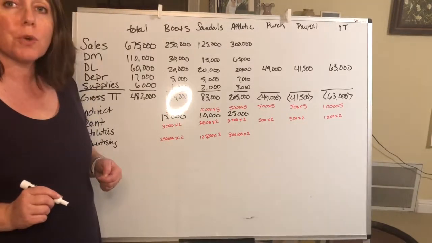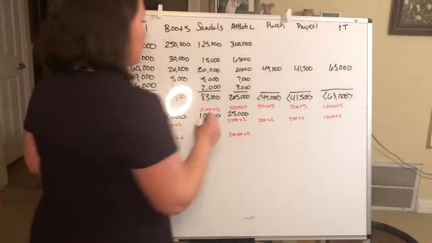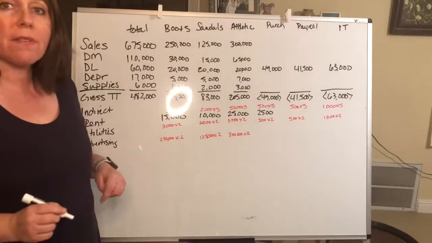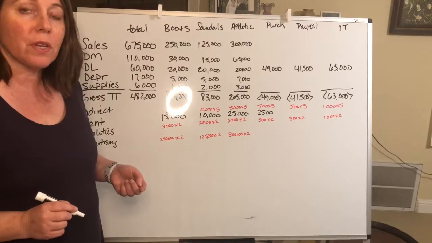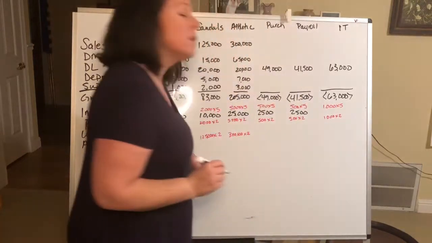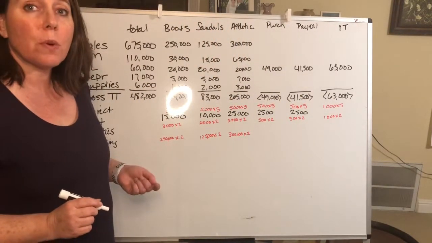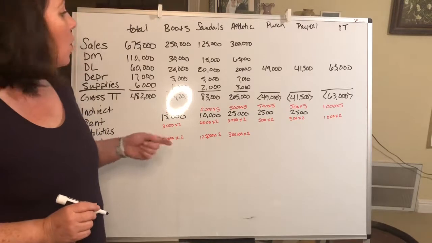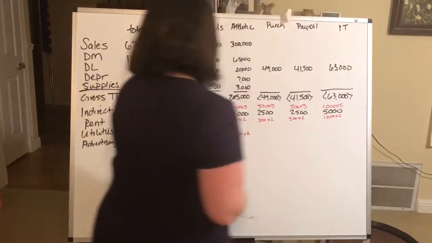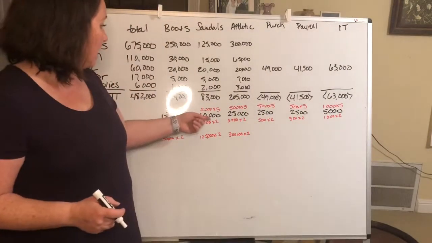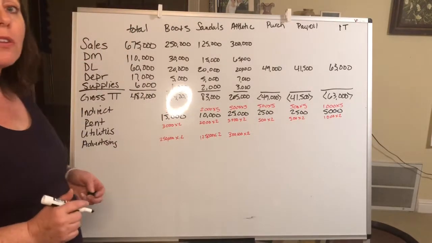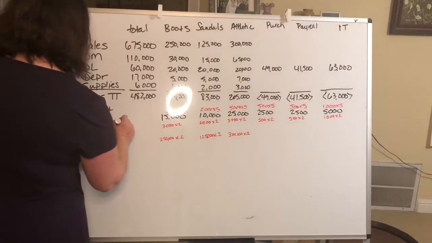Purchasing used 500 square feet at $5 a square foot, or $2,500. Payroll used 500 square feet at $5 a square foot, $2,500. And IT used 1,000 square feet at $5 a square foot, or $5,000. So if we add all of those up, that's 15, 25, 50, that gives us $60,000, which is exactly what our rent expense was.